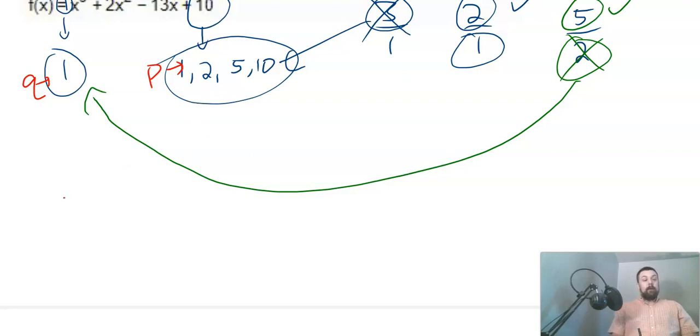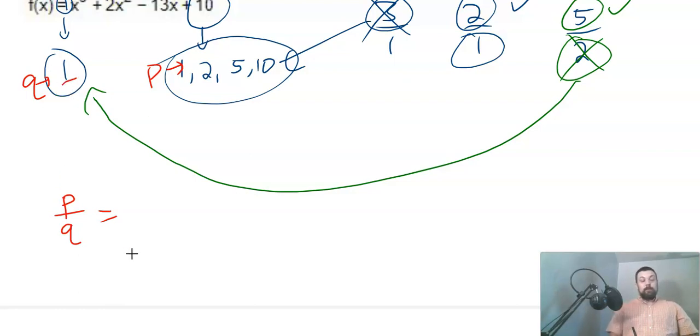What you have to do is take every possible combination of a P divided by a Q, and that will be your list of possible zeros that you will then check by using synthetic division. Now, when Q is just equal to 1, that's the best case scenario.